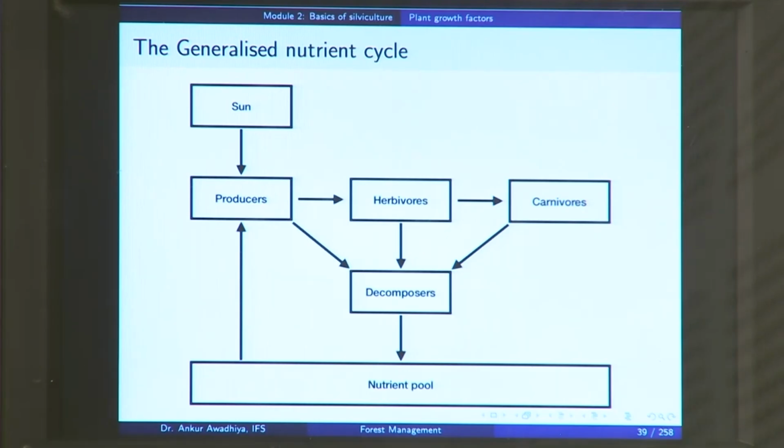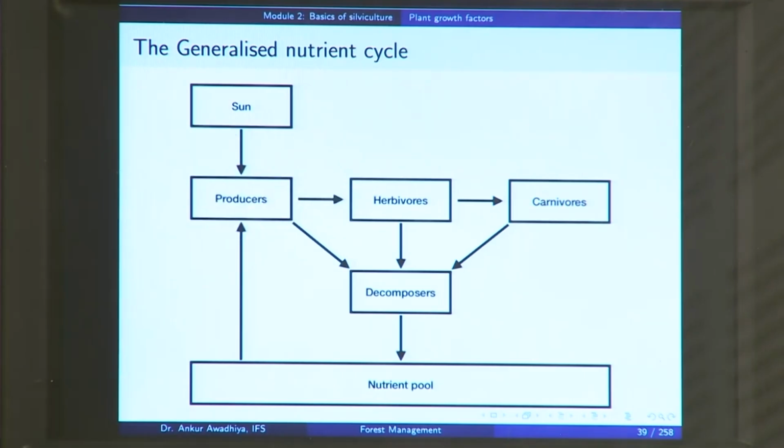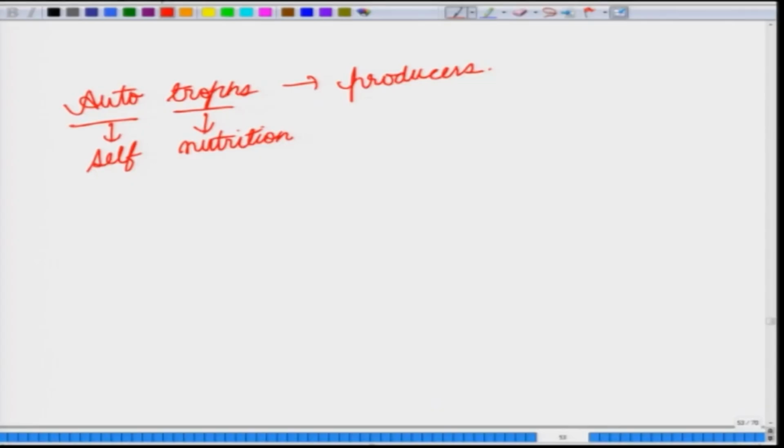Now, these producers, once they have produced this food, it is then eaten by herbivores. So, herbivores in this case are consumers of food.